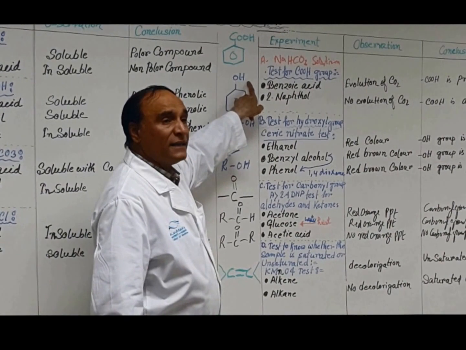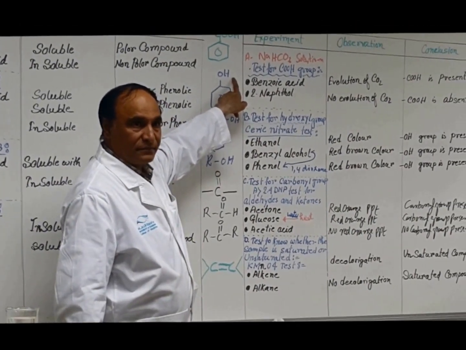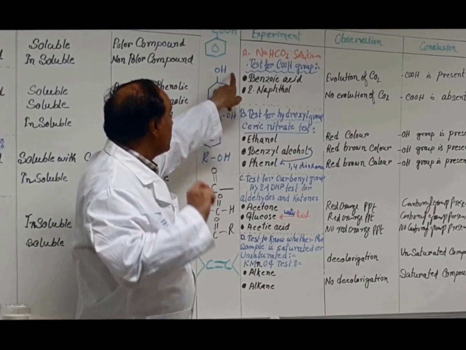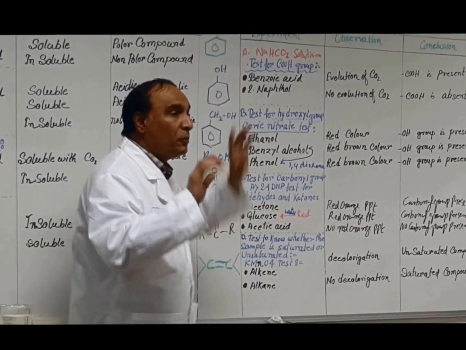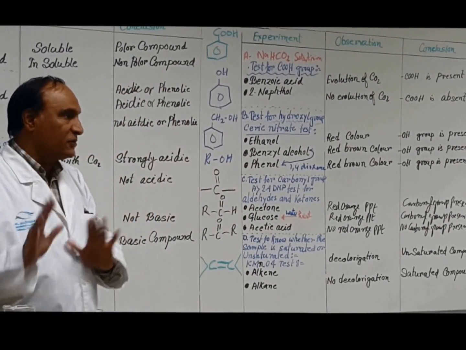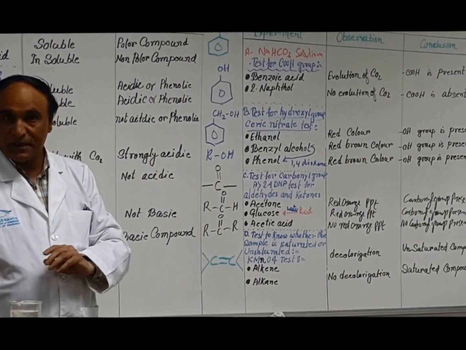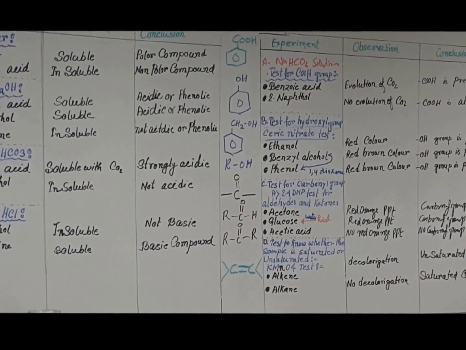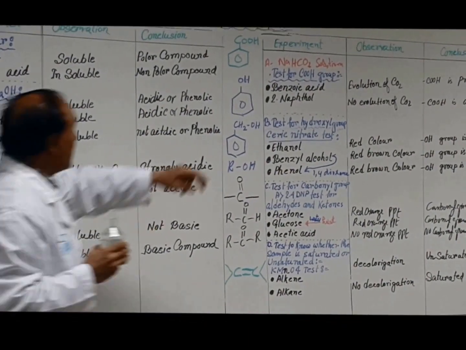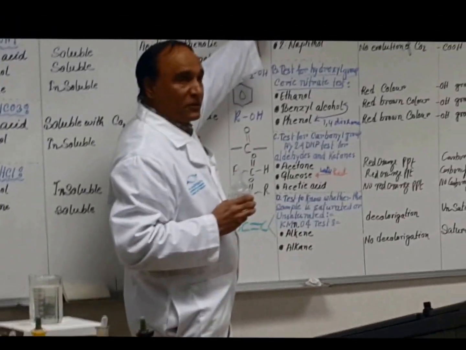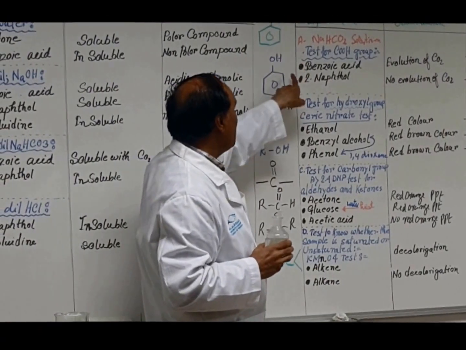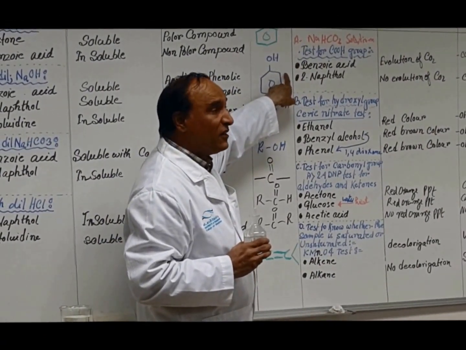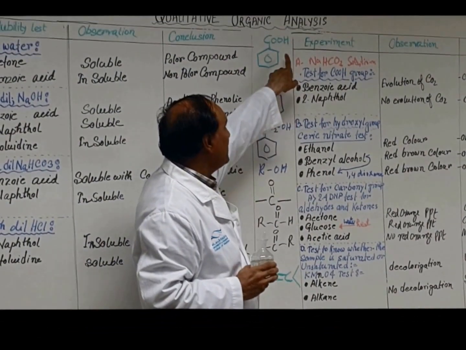Phenols are also acidic. There is an OH group, but they are very, very weak acids. So both of these will dissolve in the base, in sodium hydroxide. Did you understand? Anything which dissolves in the base will be either a carboxylic acid or a phenol. One of them. Phenols are very weakly acidic, and this is a strong acid.